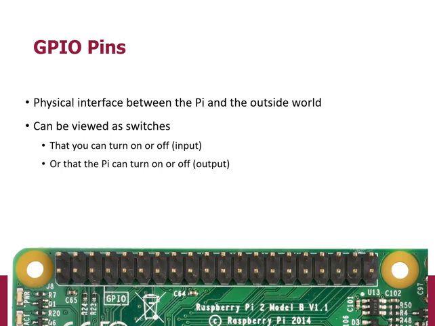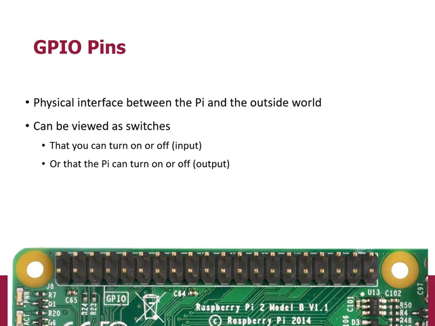They can act as input, where you can turn on or off input, allowing you to read signals from external devices, or they can act as output, where the Pi can turn on and off output, allowing the Raspberry Pi to control external devices.